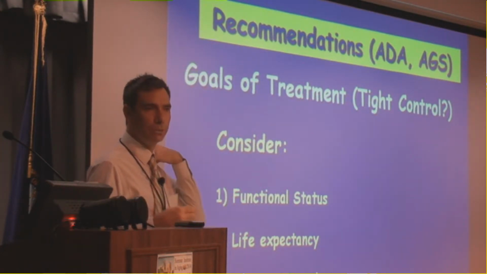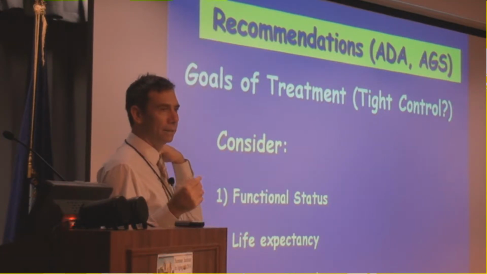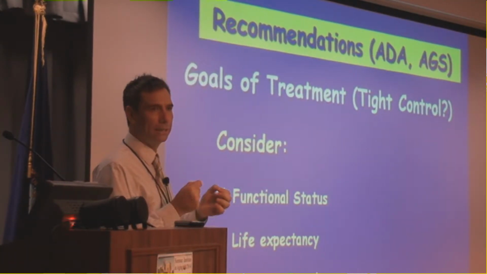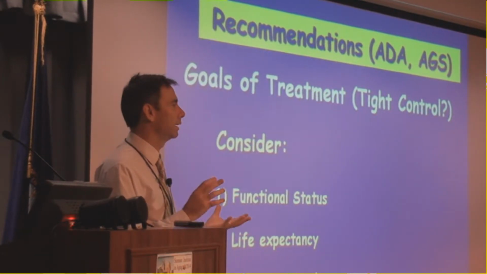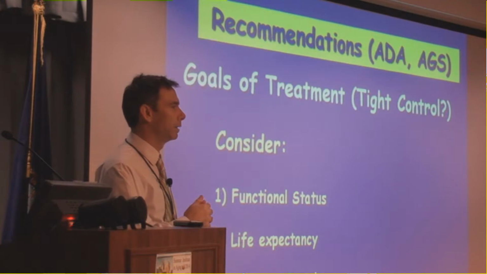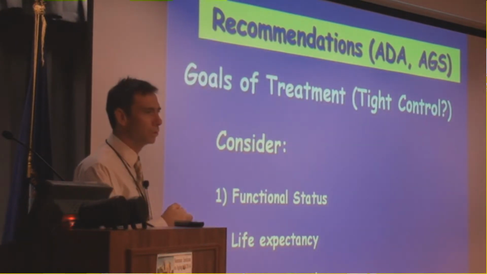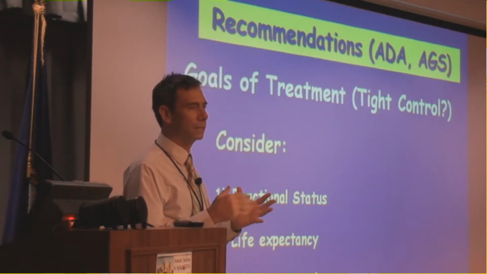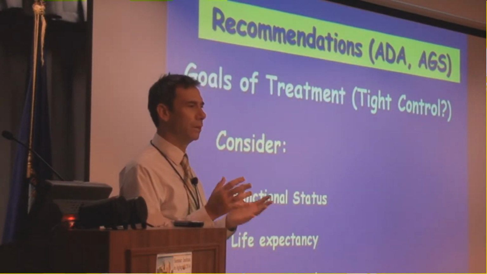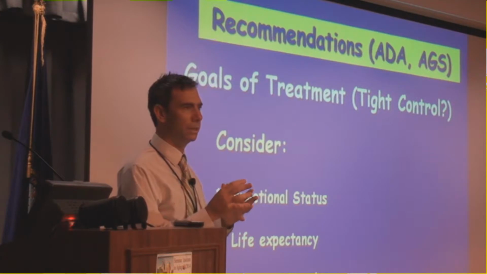Hemoglobin A1C is a measure of hemoglobin in the blood that gets glycosylated. It's the typical test we do if we want to get an idea of how good or bad the person is in terms of glucose control. The normal is less than 5.5. 5.5 to 6.5 is kind of borderline.